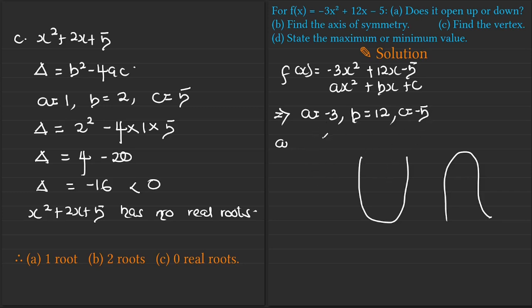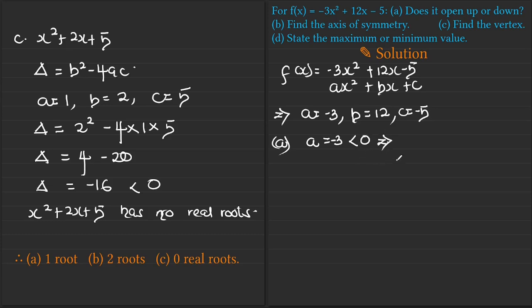That is where it will get a maximum value. So with that, we can simply conclude that since a is equal to negative 3, and the negative 3 itself is less than 0, it simply implies that it opens downwards.